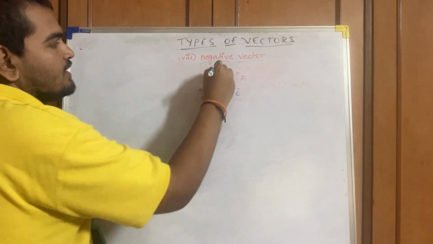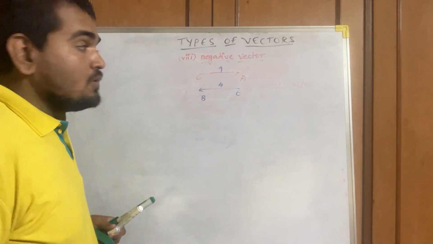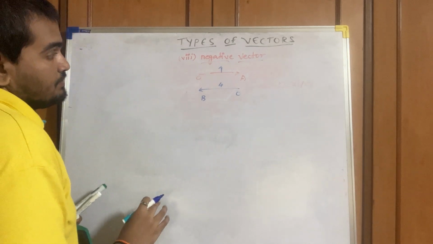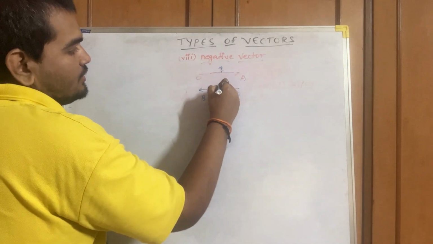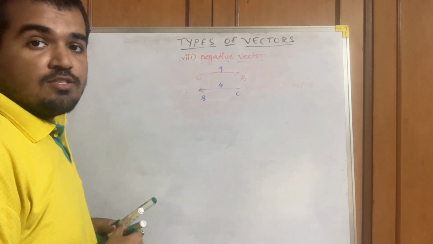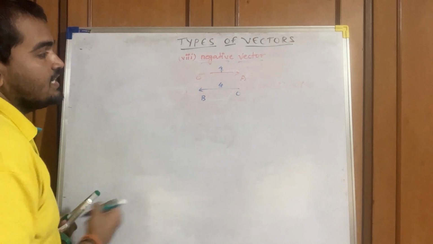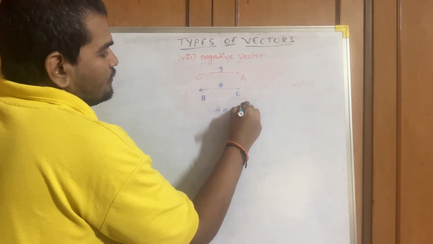Suppose this magnitude is 4 and this magnitude is 4. So the negative vector is nothing but vectors which are equal in magnitude but opposite in direction. That is, OA is the negative of OB.